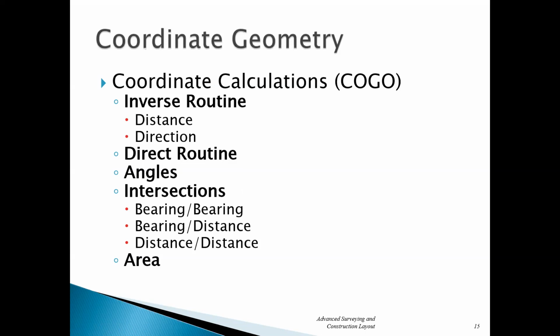That's a bearing intersection. It's providing a solution where those two lines intersect even though they currently don't on the screen. When you're doing a bearing distance, you're intersecting a straight line and a circle or an arc. And if you're doing a distance-distance, you're intersecting two circles. And then the last thing we can talk about with coordinate geometry is an area type calculation using coordinates, which is actually pretty slick.